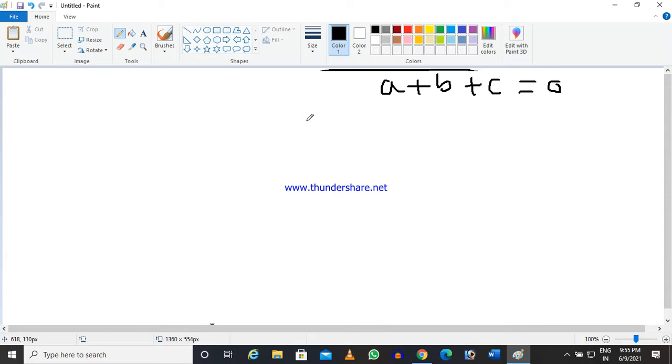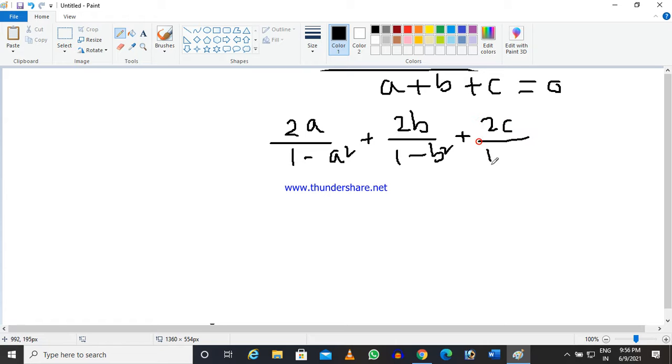From this we have to prove that 2a divided by 1 minus a square plus 2b divided by 1 minus b square plus 2c divided by 1 minus c square is equal to 2a by 1 minus a square into 2b by 1 minus b square into 2c by 1 minus c square.